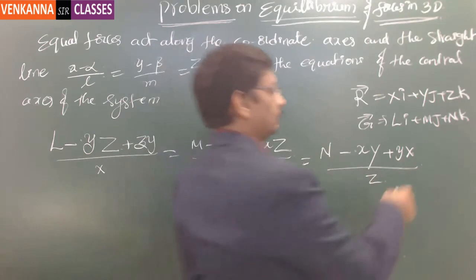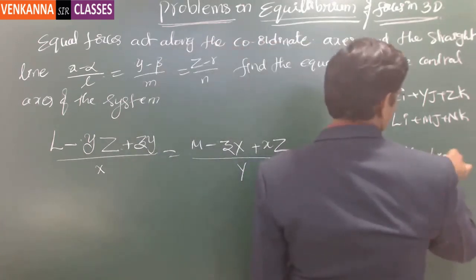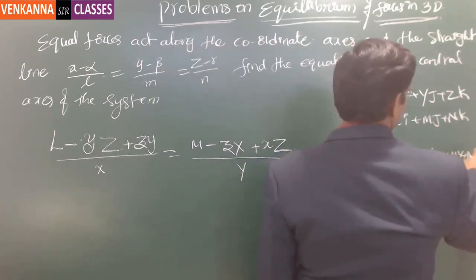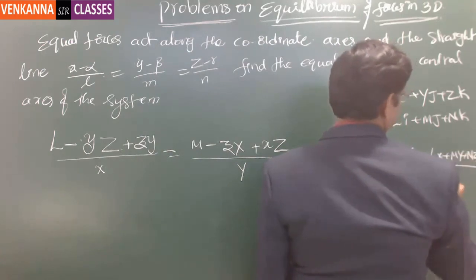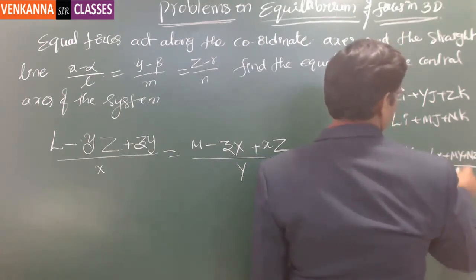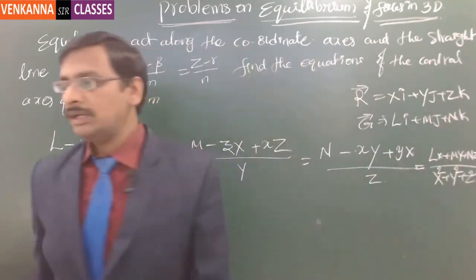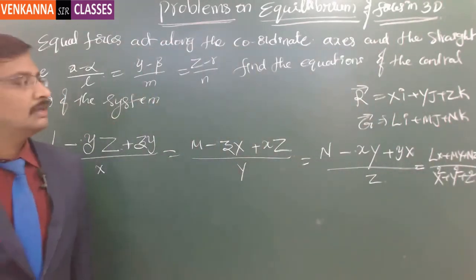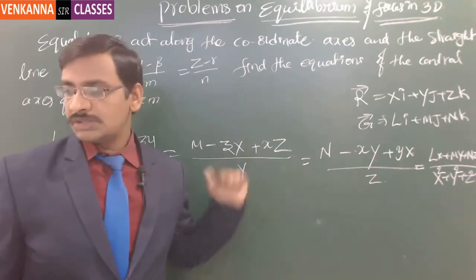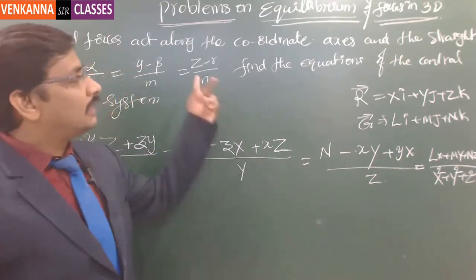So this is equal to (Lx plus My plus Nz)/(X square plus Y square plus Z square). These are the equations of the central axis. Now we have to find these equations with the information given.